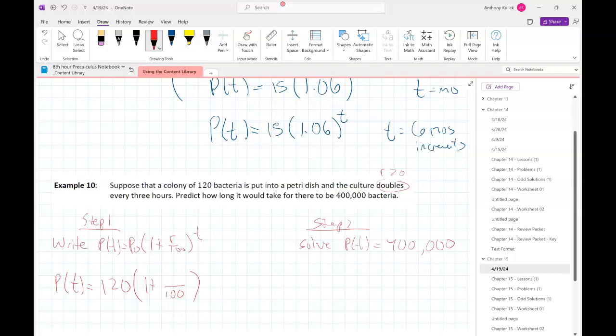Not 200%. Not 50%. Let's think about it this way. If I have 1 unit and I turn it into 2 units, how many units did I gain? 1 unit. What percent of the original did I add? 100. So what is double? 100%. Okay?